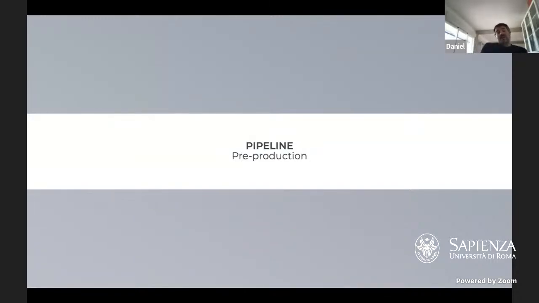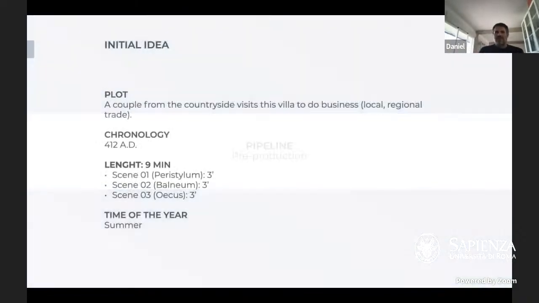Before talking about the production part in our project to try to reconstruct or virtually reconstruct the Villa of l'Albir, I would like to say that in a project of this magnitude, of these characteristics, everything begins with a preliminary or pre-production stage where actually what you have to do is think of an idea. In our case, and although this may seem strange to you, everything starts with a note like this.